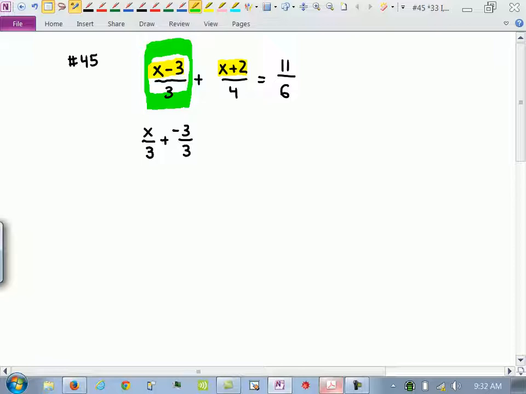If you have the same denominator, then you can add up the numerators. So check this out right here. Since they have the same denominators, I can put them together by combining the numerators. So if I combine those numerators together, x plus a negative 3 is the same as x minus 3. So on the top I would have x minus 3, and on the bottom I would have the common denominator 3.